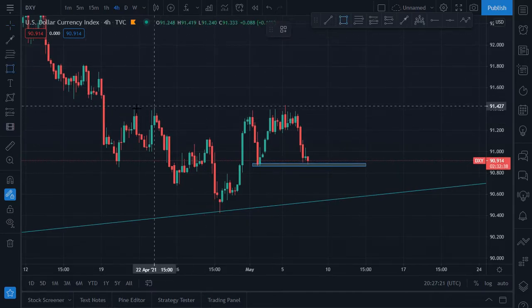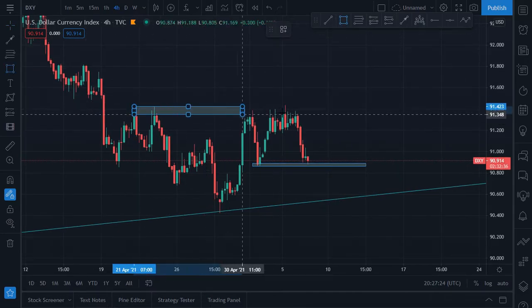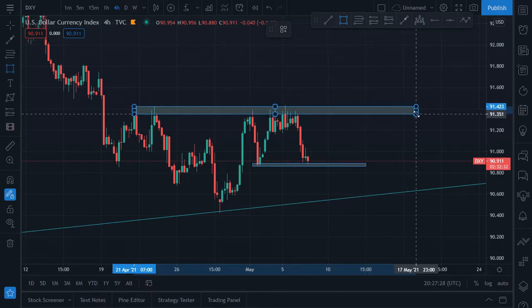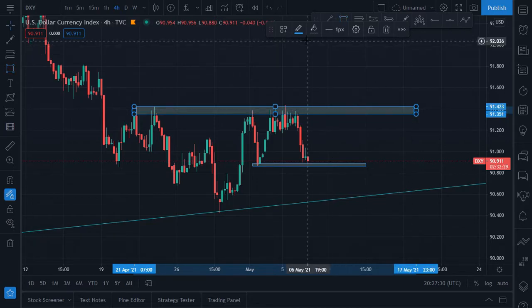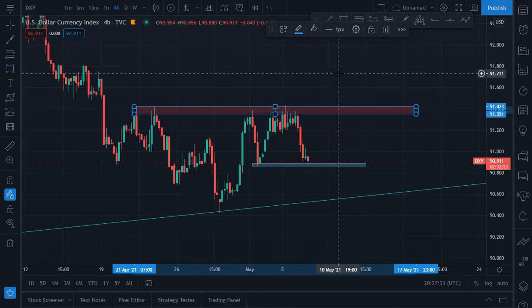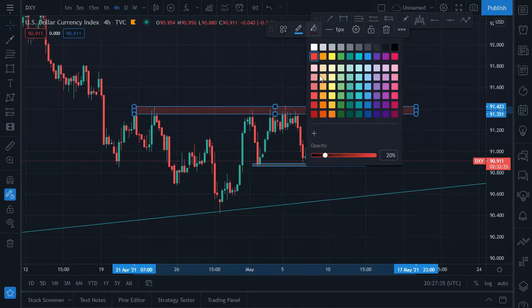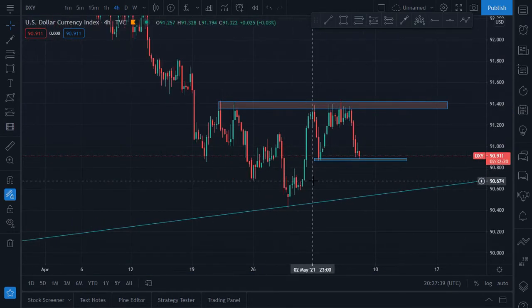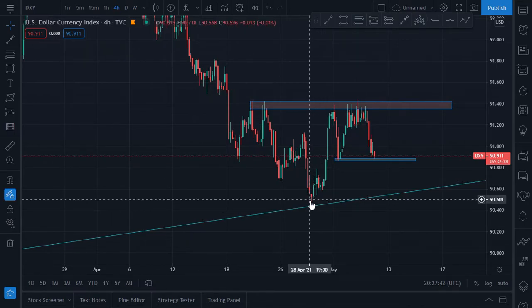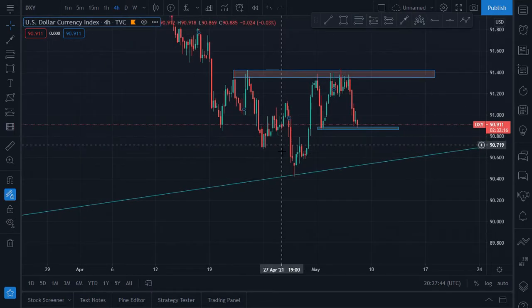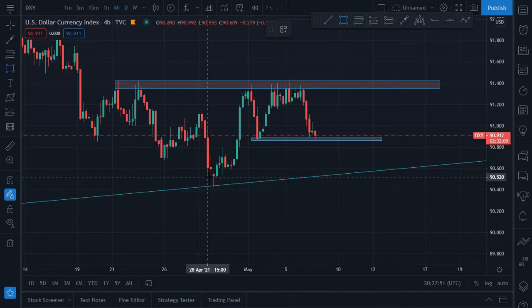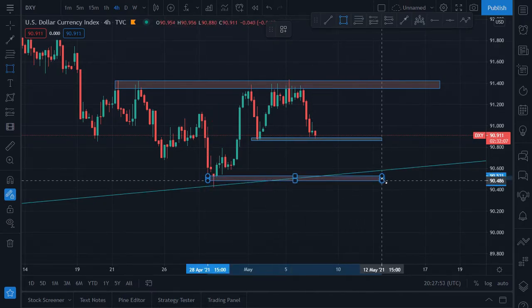Mind you, we also have this resistance. Don't forget, we have our lower low in the zone. This is our current lower low, so you can just mark it off with a triangle.